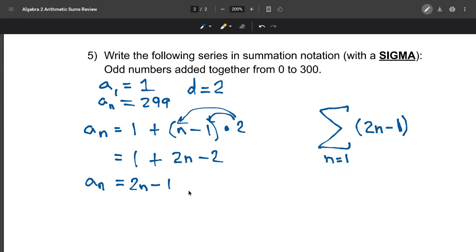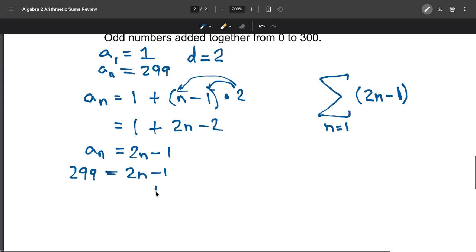And now we got to know what n is. So a sub n is 299, so we're going to say 299 equals 2n minus 1. Add 1 to both sides. So 300 equals 2n.